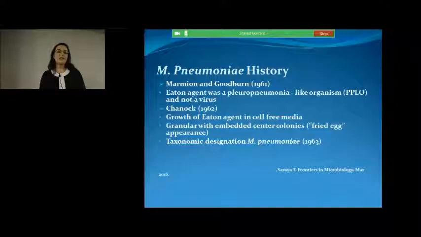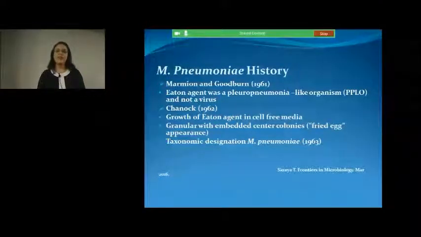In 1961, Marmion and Goodburn found out that the Eaton agent was a pleuropneumonia-like organism and not a virus. In 1962, Chanock grew the Eaton agent in cell-free media.